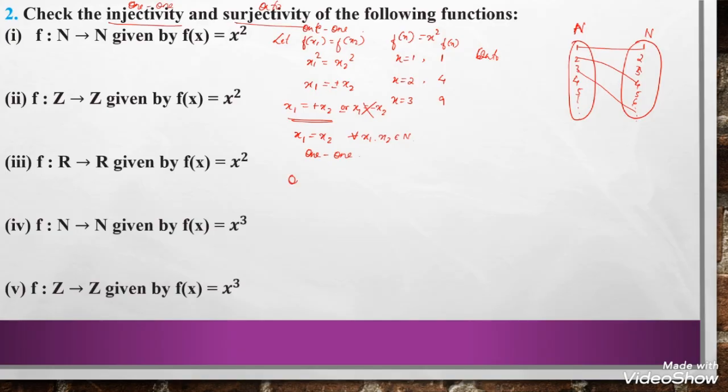Similarly, I will check the onto condition. That is f of x is equal to y. Substituting f of x here, that is x square is equal to y. Then what is the value of x? Taking square root on the right side, it becomes square root of y. But square root of y is not a natural number. Therefore, the onto condition is not satisfied.